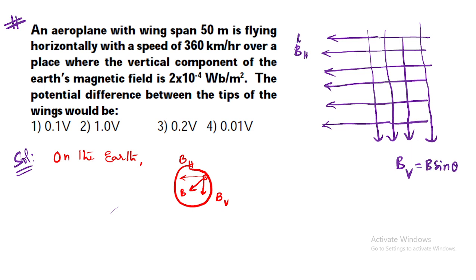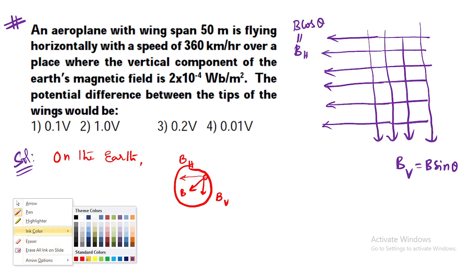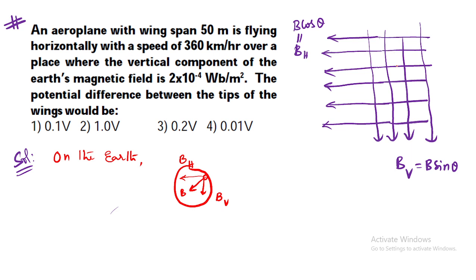BH means what is this one here? B cos theta. Now the aeroplane is flying. Listen, it is flying, whichever direction it may be. With velocity v, it has a wingspan like this. Yes or no?